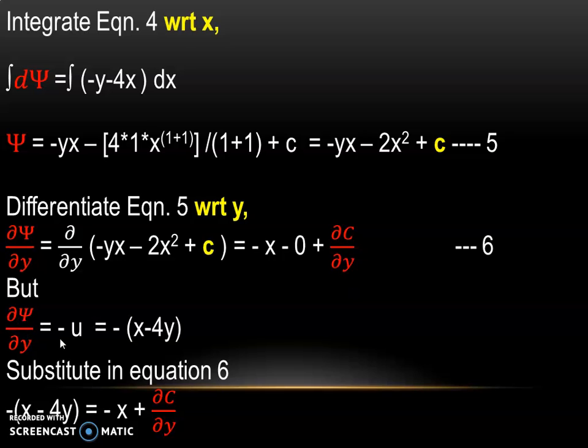But ∂psi/∂y is equal to minus u, which is given. So this is equal to minus of x minus 4y, and we substitute this in equation 6 on the left hand side. So we get minus of x minus 4y equal to minus x plus ∂c/∂y, which is the right hand side of equation number 6.